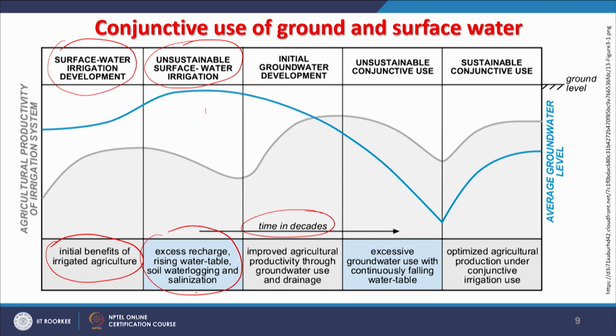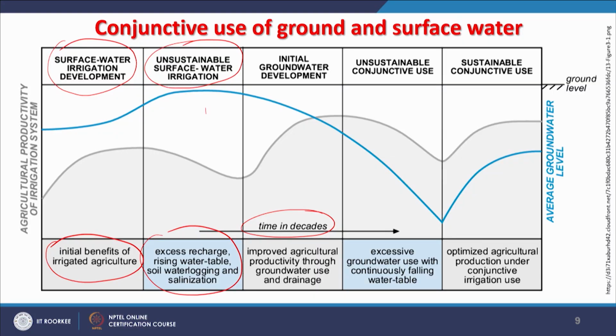So, rising water table, soil waterlogging and salinization, and this is exactly what is happening in the case of Punjab and some parts of Haryana, where salinization of soils is happening very clearly because of shallow groundwater conditions. And why shallow groundwater conditions? Because of irrigation, and the drainage system is not there.